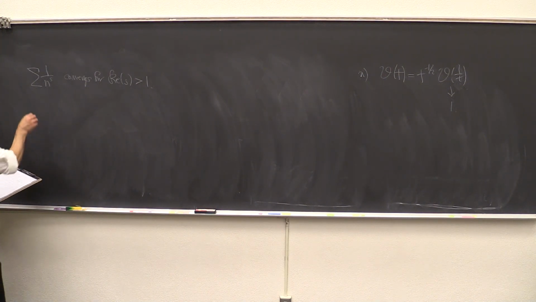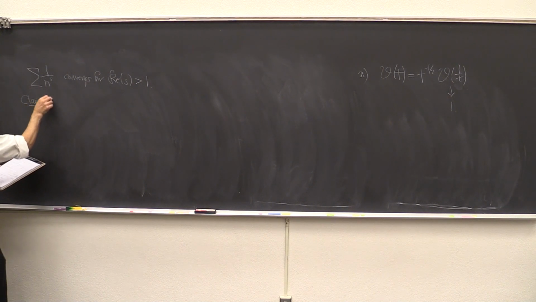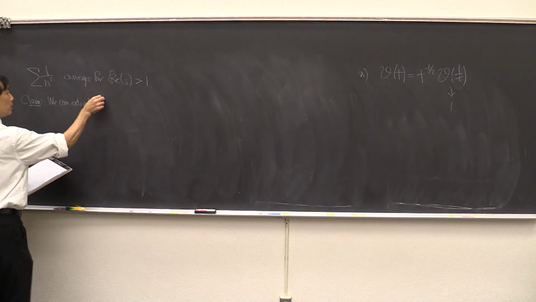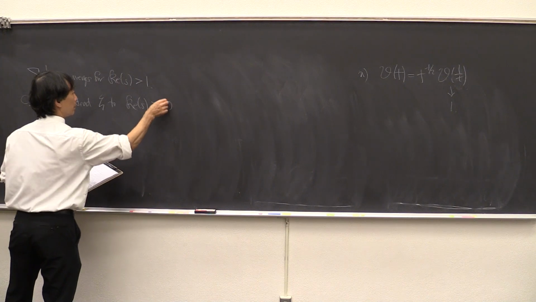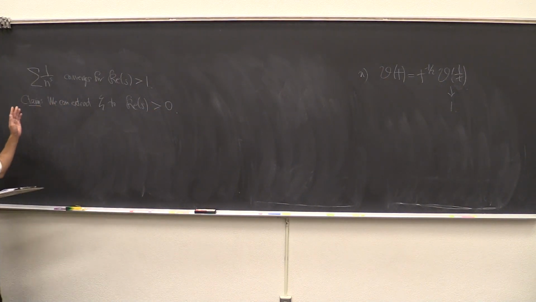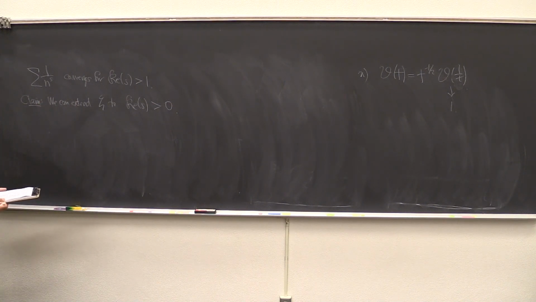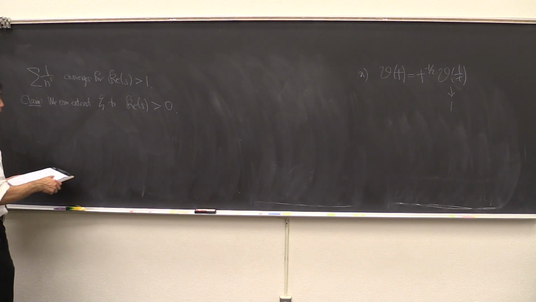There's a way to extend zeta to the half plane going from x equals 0 onwards, and we'll do it in the following way.